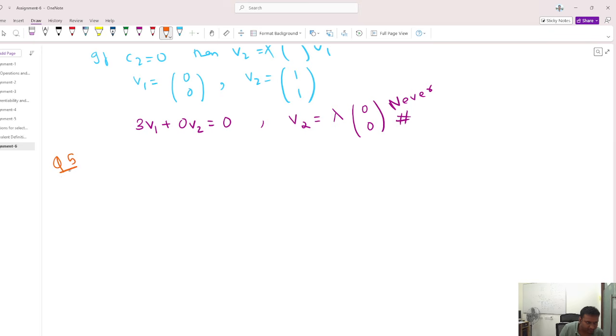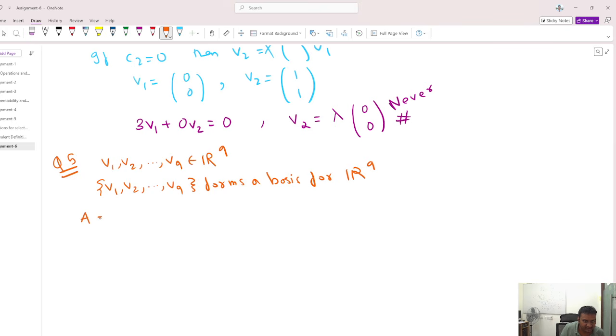This is a beautiful problem. You are given 9 vectors in R9, and you are given that these vectors form a basis for R9.